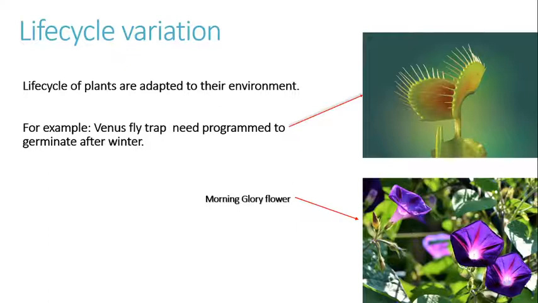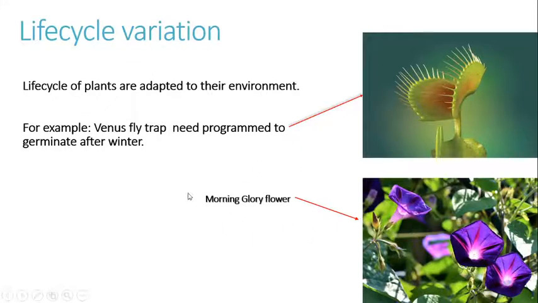So you cannot grow this one indoors until you put the seed of the Venus flytrap in the refrigerator for several weeks, and then after that the seed will germinate.